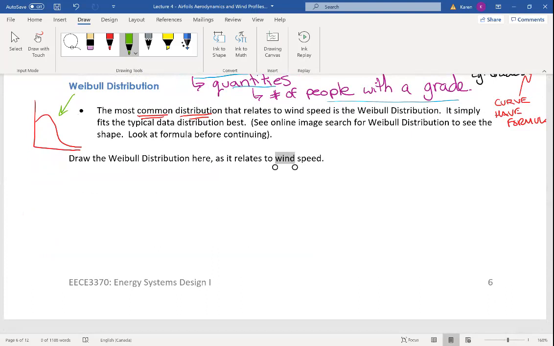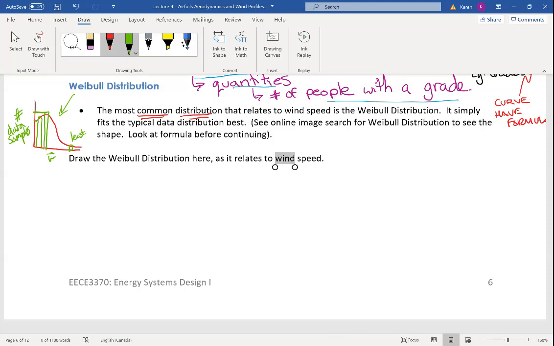So what I'm saying is when you take buckets of wind speed, you get the most number of data samples in this wind speed, and you get the least data samples in this high speed, if this is velocity.